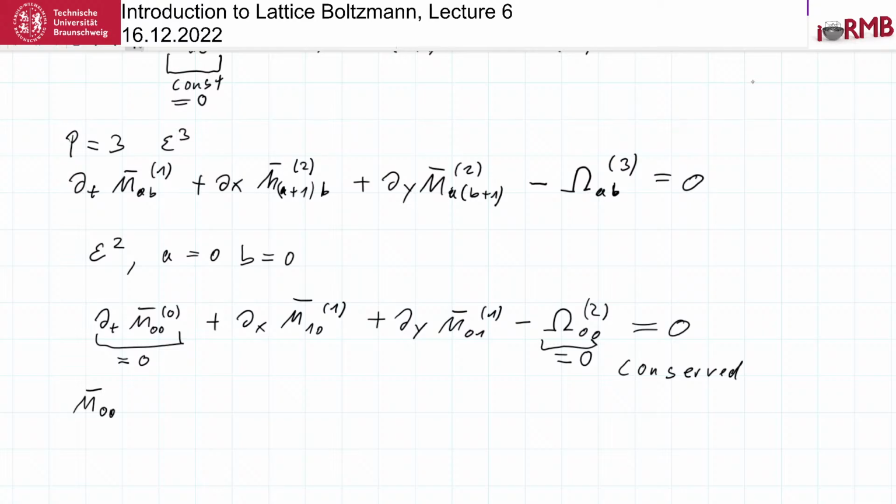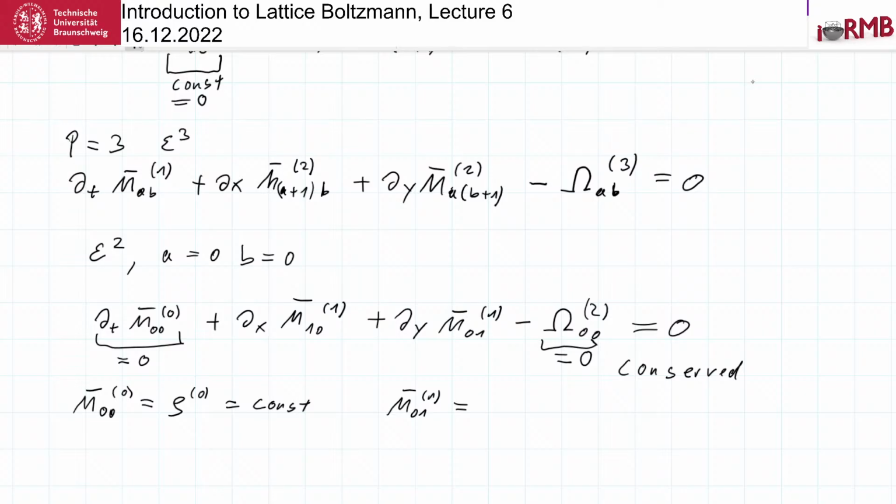Now we identify these moments. We could just keep these names, but we like to identify them with some quantities, namely with the 0 order of the density, which is a constant, and the moment M10, we had this in previous lectures, now just in the expansion. This is the velocity.